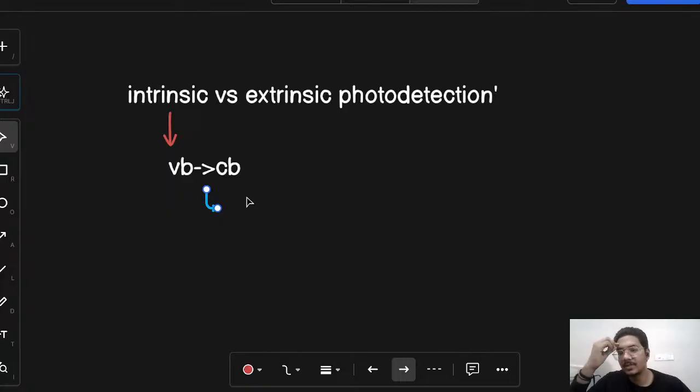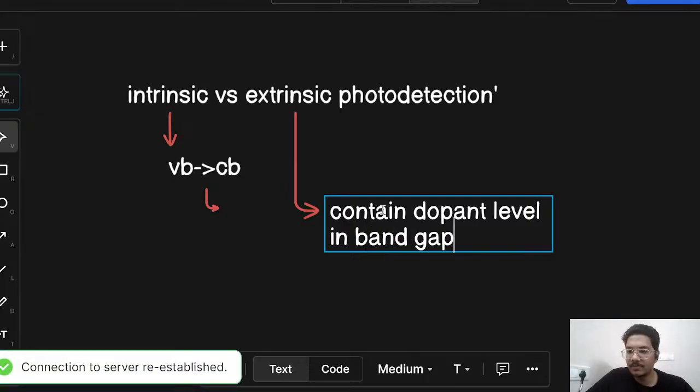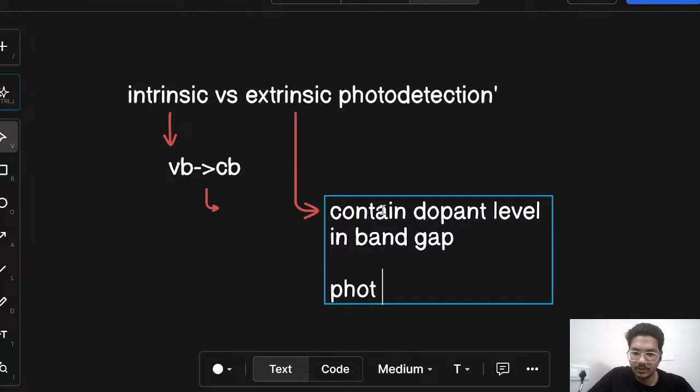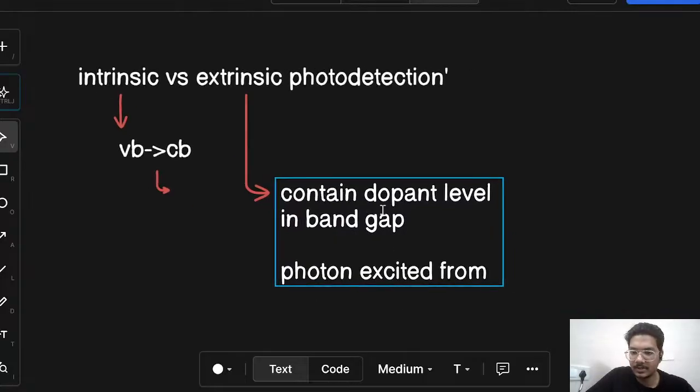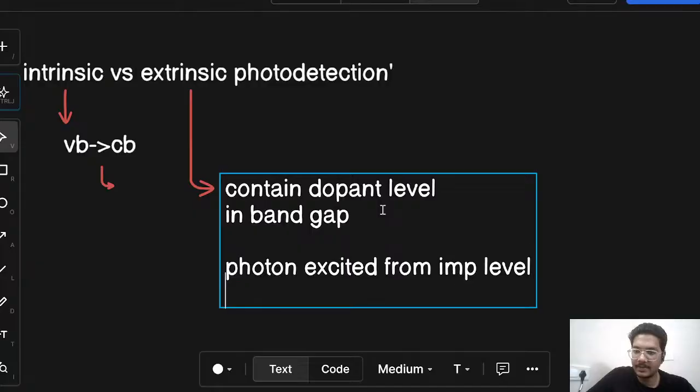An extrinsic semiconductor contains impurities, with dopant levels in the band gap. The photon excites an electron from the impurity level to the conduction band.